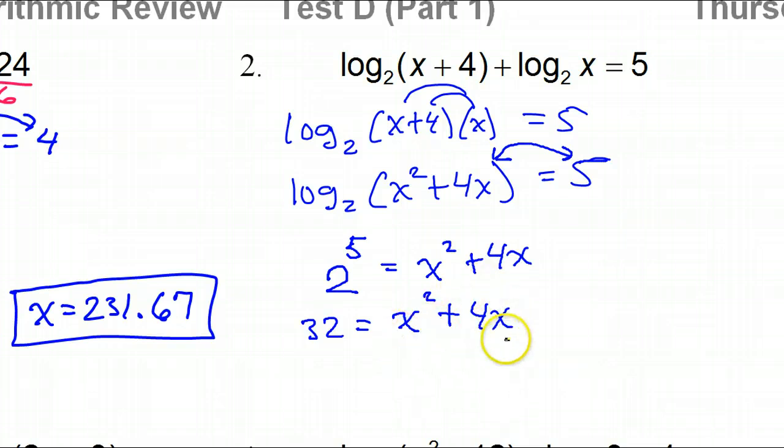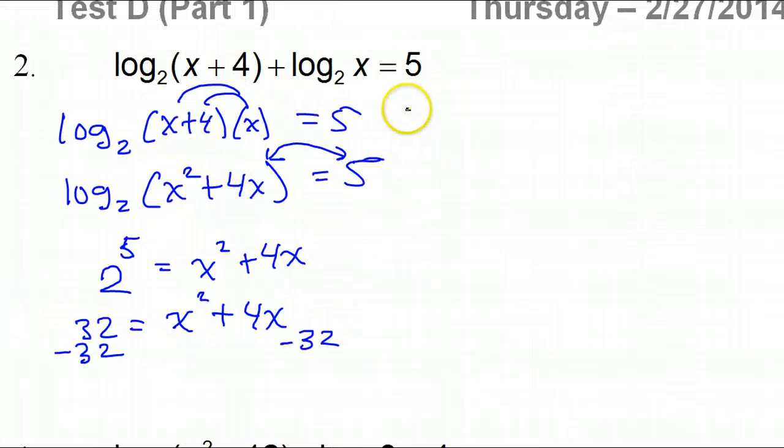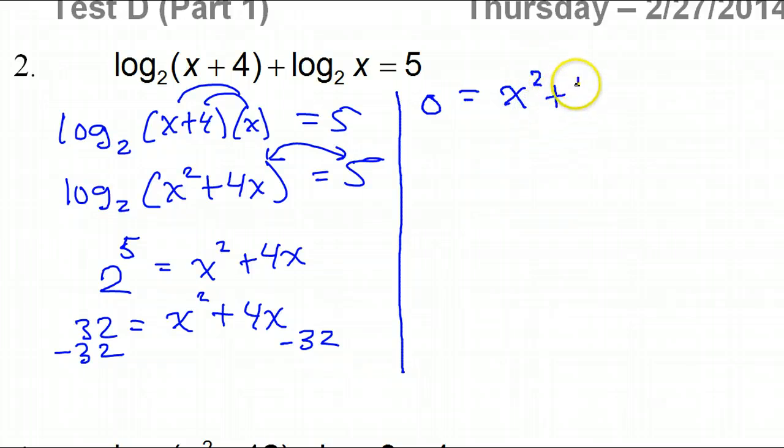Okay, I'm noticing that I have two different kinds of x's. So I can't just get x by itself. So this must be the type where I get everything on one side with a 0 over here and factor. Okay, so now I've got 0. So this is 0 equals x squared plus 4x minus 32.